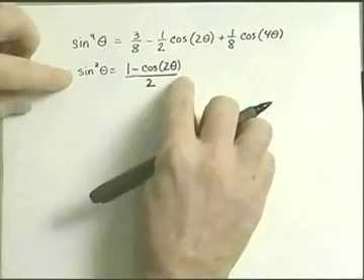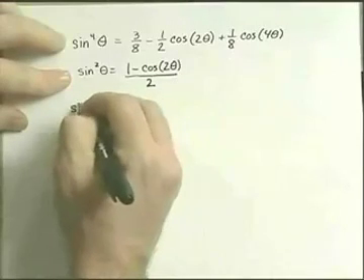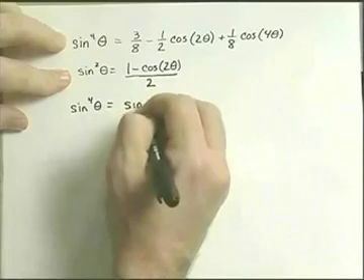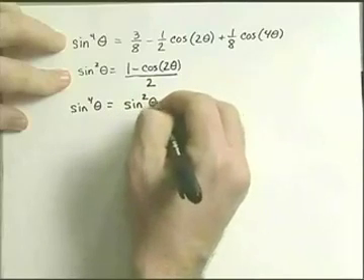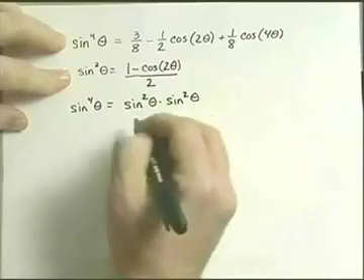The way we can use this to our advantage is to say that the sine of theta to the 4th power is equal to sine squared of theta times sine squared of theta.